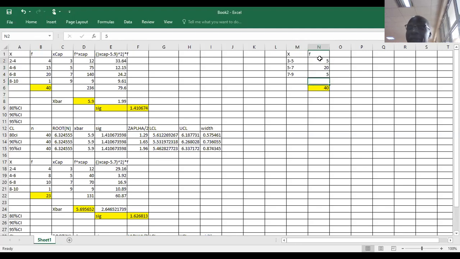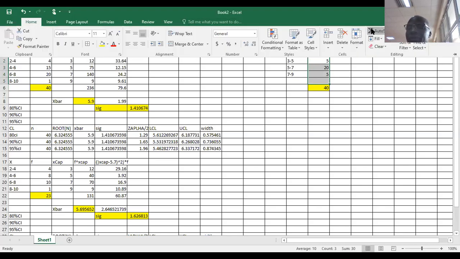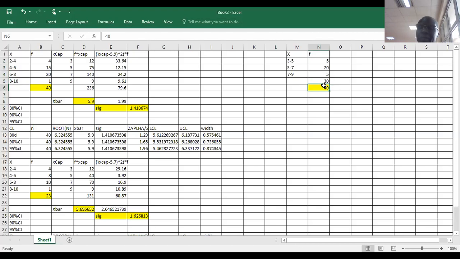So I want you to determine the 97.3% CI, confidence interval for the mean for that data set. I'll give you 5 minutes or 10.